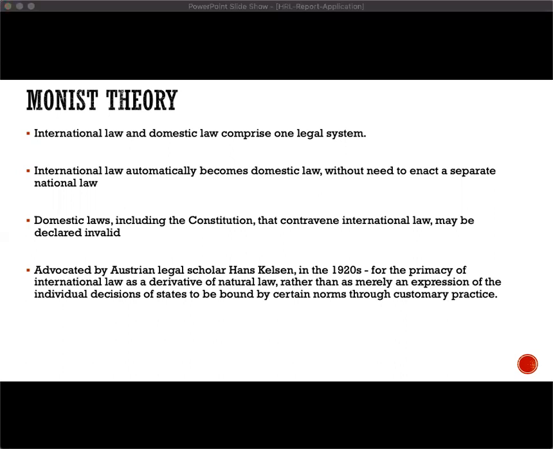For Hans Kelsen, the purpose of the monist theory was to promote international peace by creating binding obligations enforceable against state actors in formal international justice institutions, as indicated in his framework.